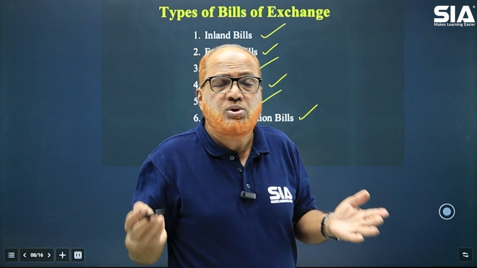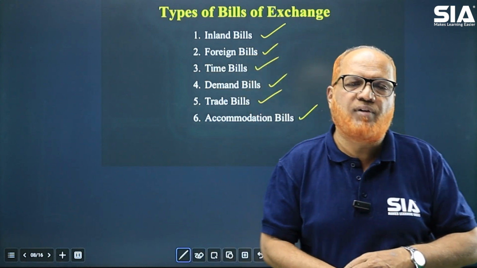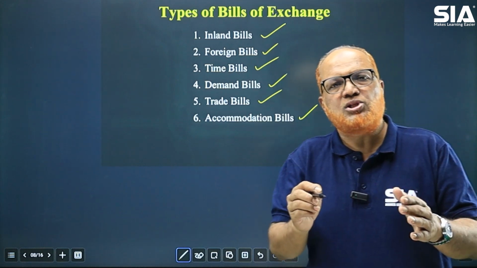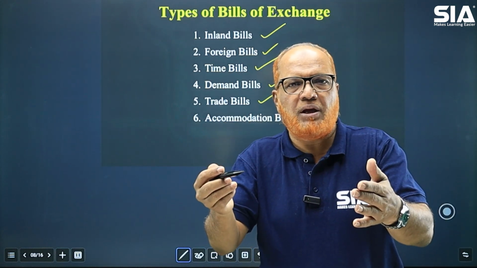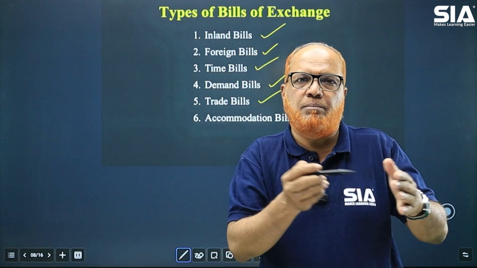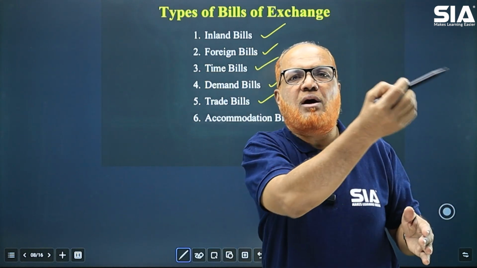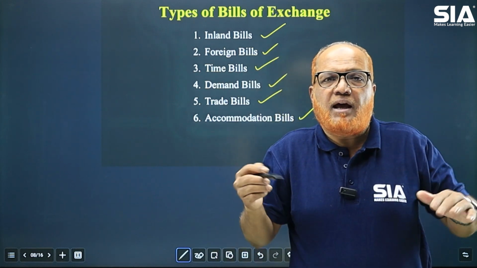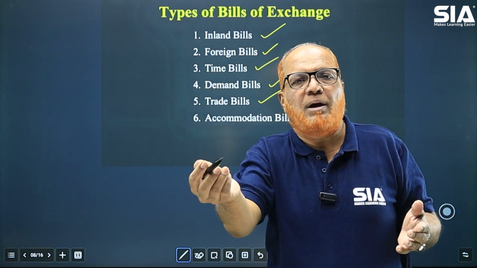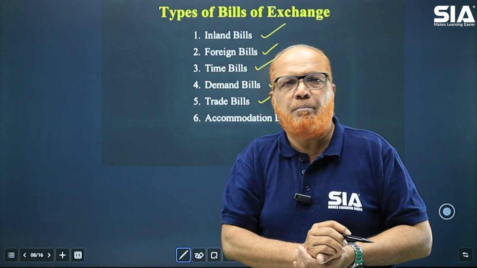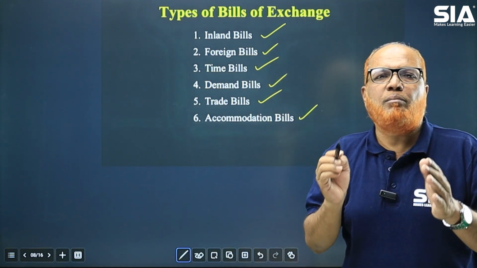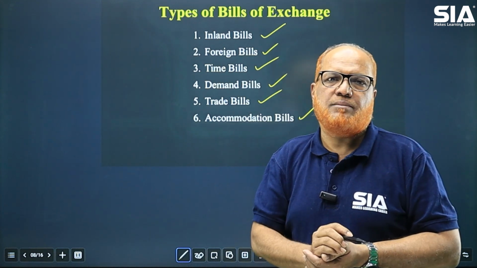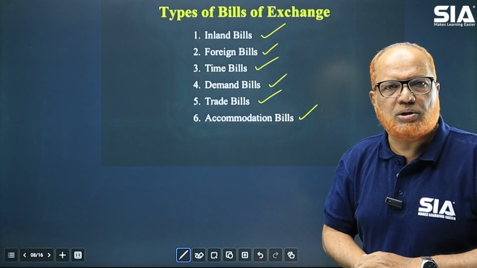But B is not in a position to help A, but he suggests, just you draw a bill of exchange on me. I will accept the bill, return the bill to A, go and discount the bill with the banker, take the money from the bank and utilize it. And after 3 months, give me the amount. I will pay the amount to bank. That means only for mutual help, the bill is drawn and accepted. It is called accommodation bill.